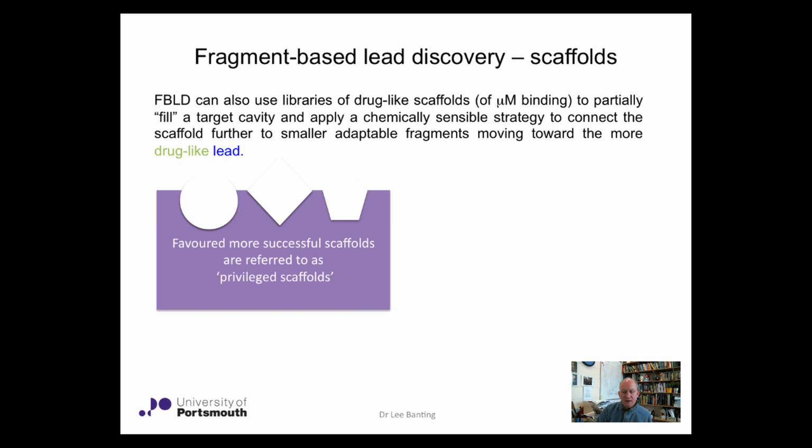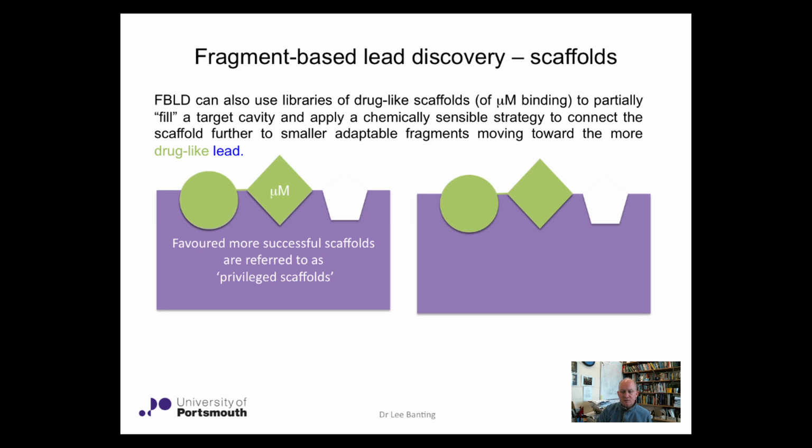These favoured, more successful scaffolds are often referred to as privileged scaffolds. They have a privileged status in drug design. So these micromolar fragments will allow us to jump quickly to our nanomolar drug-like lead. And there's a link via the PowerPoint to that.